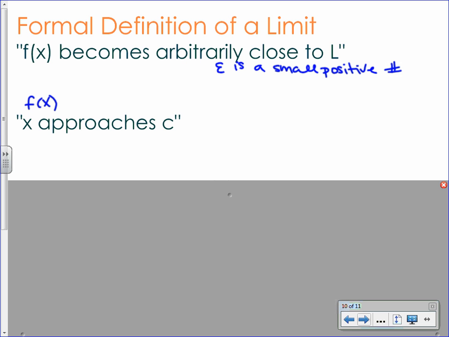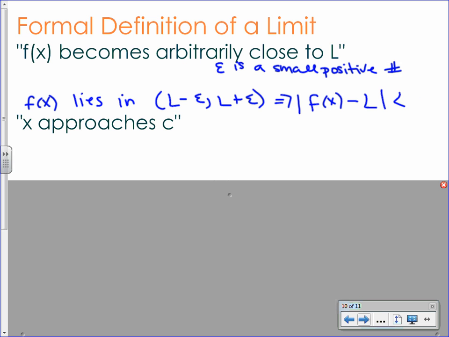That means our function value lies in this really, really small interval. We're getting really close. So it's lying in this itty bitty interval that we're approaching. Which means the difference between our function value and L is smaller than this really, really tiny number.